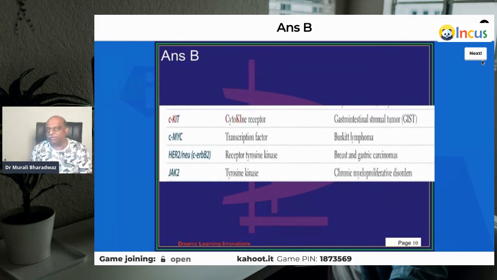It is also involved in gastric carcinoma. JAK2 is a tyrosine kinase associated with chronic myeloproliferative disorders, is what you need to remember. BCR-ABL is associated with CML, not CLL.